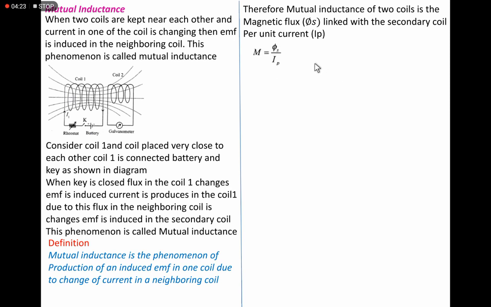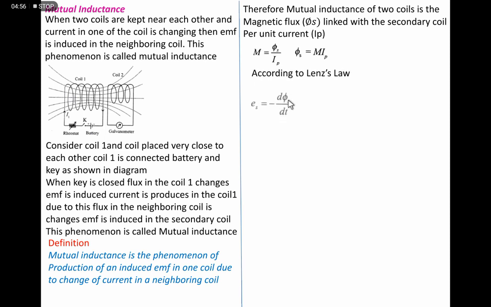So we'll write phi s is directly proportional to I P, that is the current in the primary, and due to this current in the primary, the flux linked with the secondary is phi s. It is in direct proportion. The proportionality sign is removed and M is the constant, and the constant is known as mutual inductance.